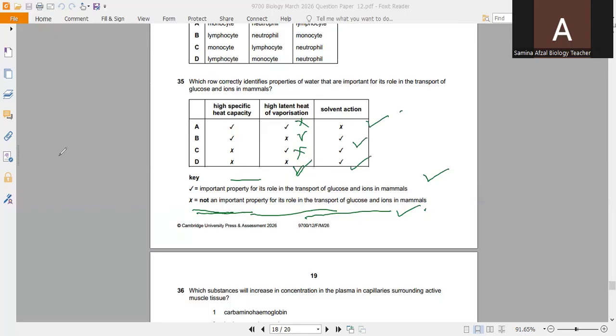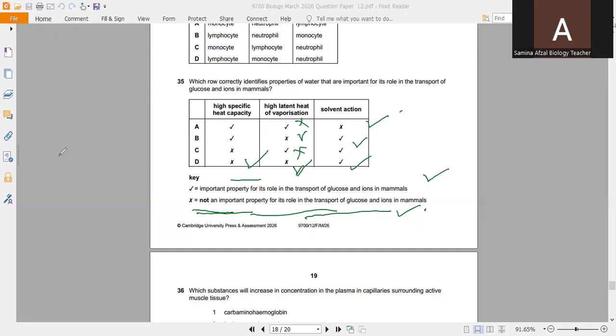High specific heat capacity and latent heat of vaporization are also properties essential for cooling the body via evaporation, but play no role in internal transport of solutes. So only solvent action is directly relevant to transporting these.